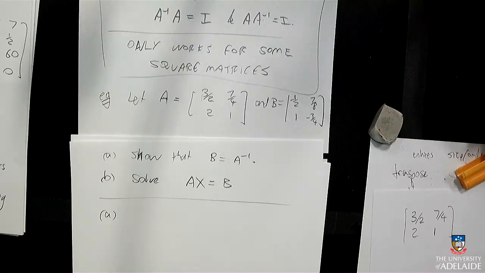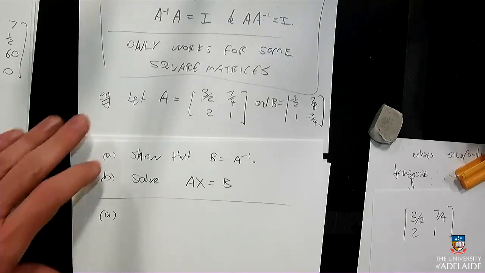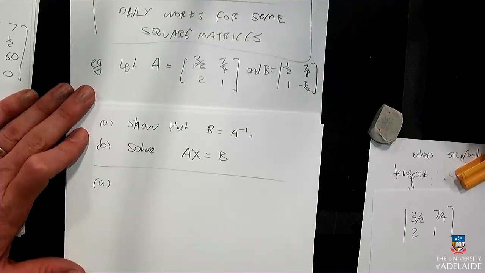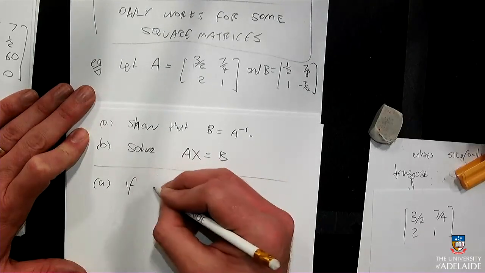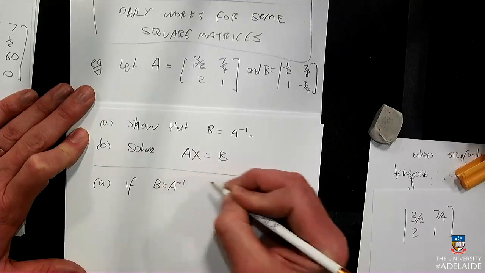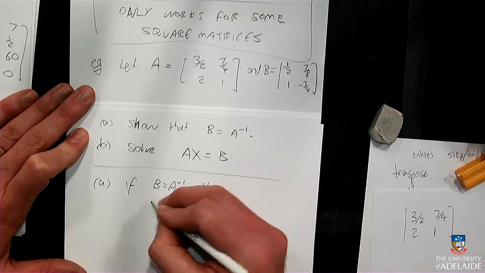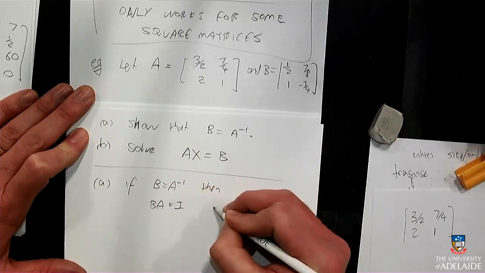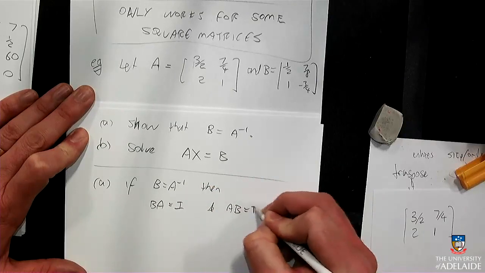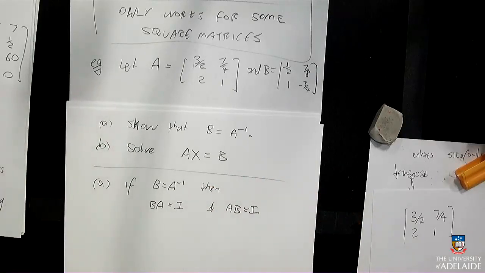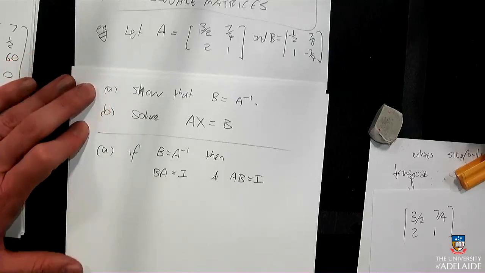If you were giving me an assignment personally, I would be okay with that. But some people would prefer you check them both, so I'm going to do both just to make sure that you believe me that it really is the inverse. So if B is A inverse, then BA should be the identity and AB should be the identity. So we'll calculate both of them.